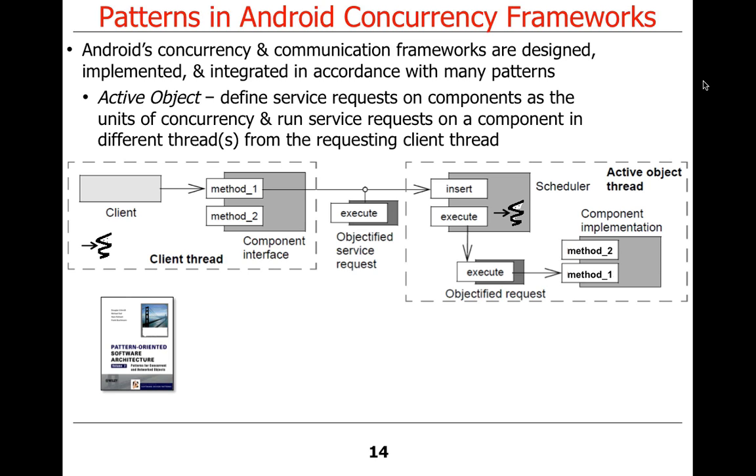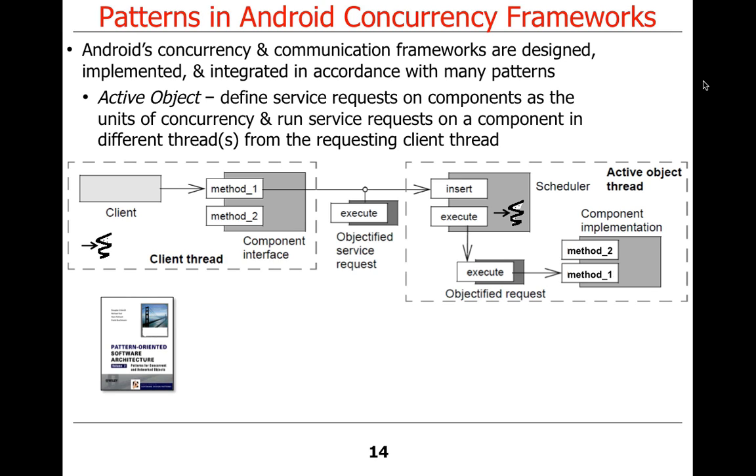That's what monitor object does. It's a passive object. Active object, in contrast, defines requests on components, objects, for example, as the units of concurrency. So a method request or method call is a unit of concurrency, and these requests can be run in different threads from the thread that invoked the request. So remember, with monitor object, thread that calls is thread that runs.